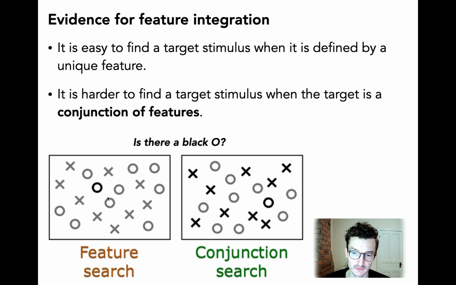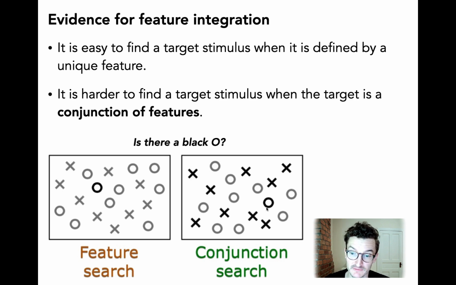On the other hand, if I build an array that's made up of objects that share several different features, finding the black O is actually much more difficult, right? So in this array here, there are gray O's, black X's, and one black O. And so the thing you have to find is a conjunction of features in the array, right?